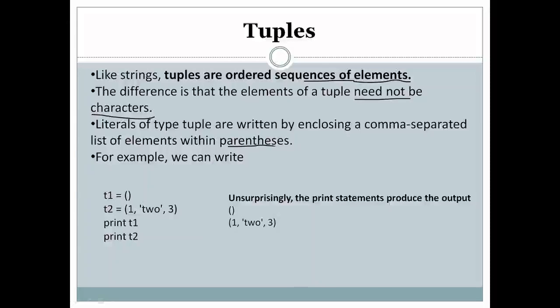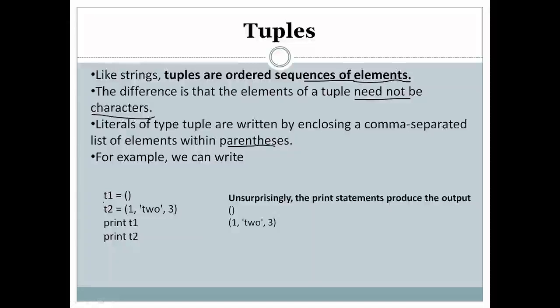Now how do we store values in a tuple, or write constant values inside tuples? We put values inside the parentheses, and every value is separated by a comma. Let us look at an example of how to create a tuple.